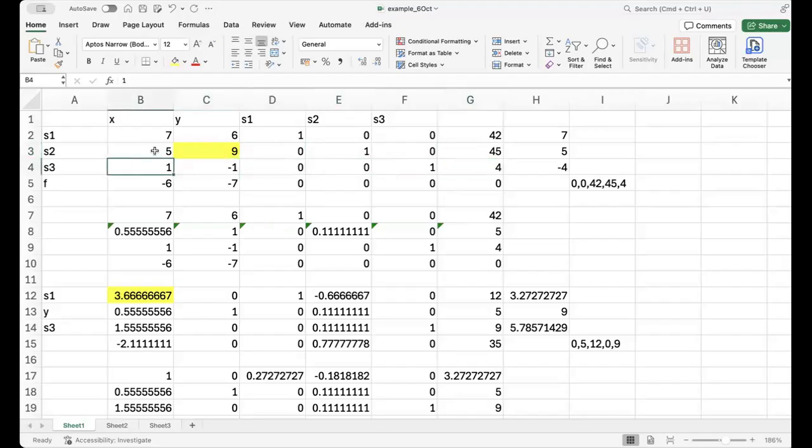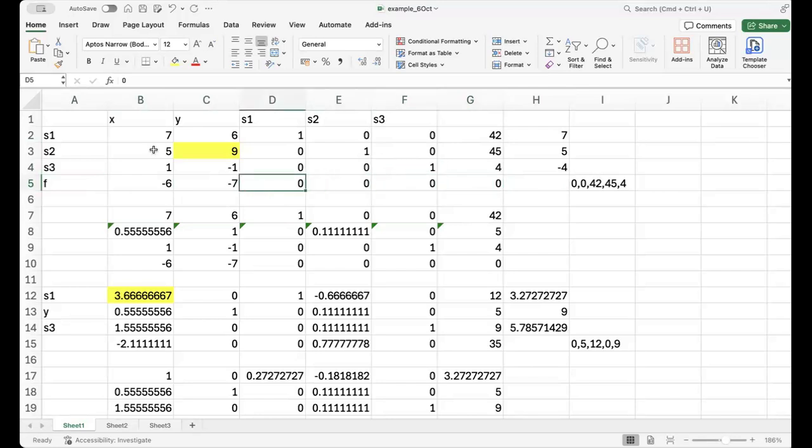For the third equality constraint, the coefficients are 1 and minus 1, right? Okay, and we add S3 here, so it should be 1 here, okay? And the right-hand side is 4, okay?